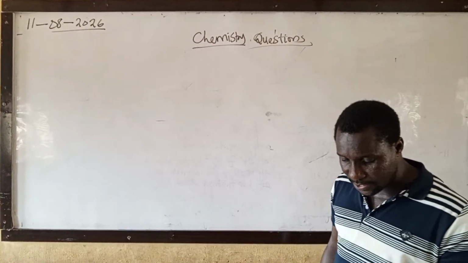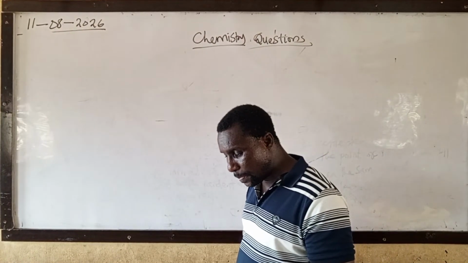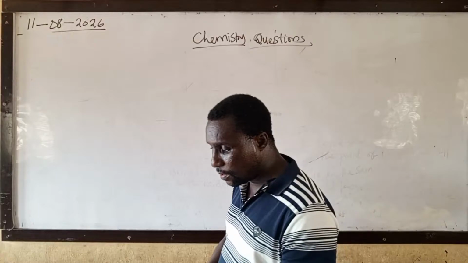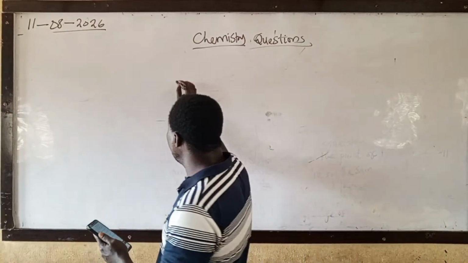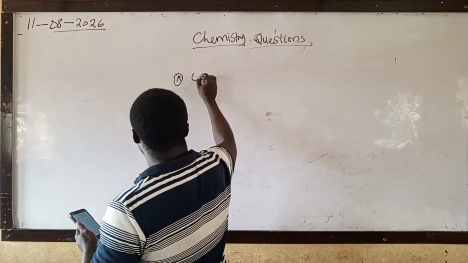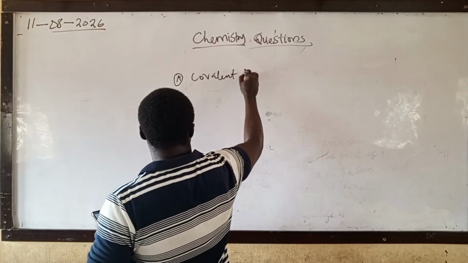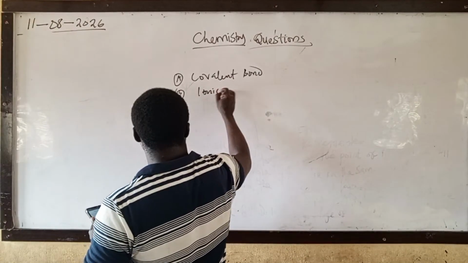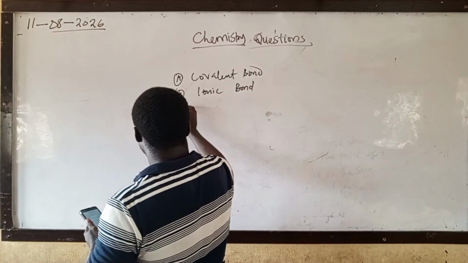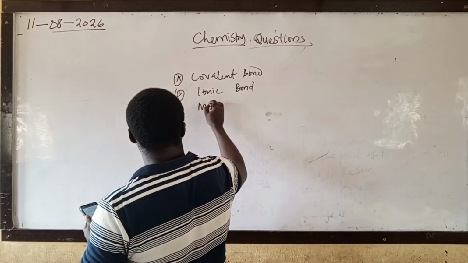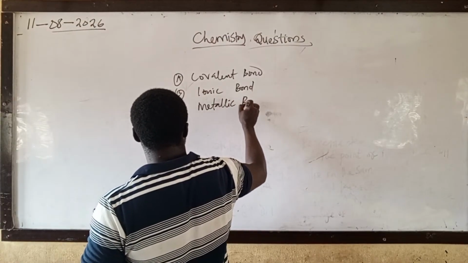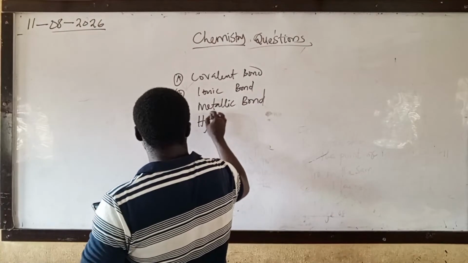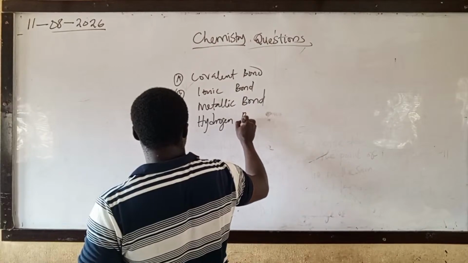Look at this question, class. The first question. The type of chemical bond formed between a metal and non-metal is: option A, covalent bond; option B, ionic bond; option C, metallic bond; option D, hydrogen bond.